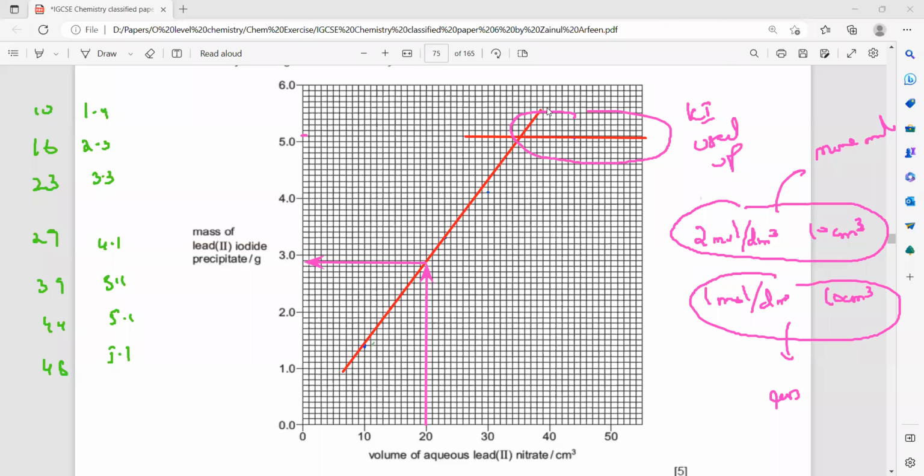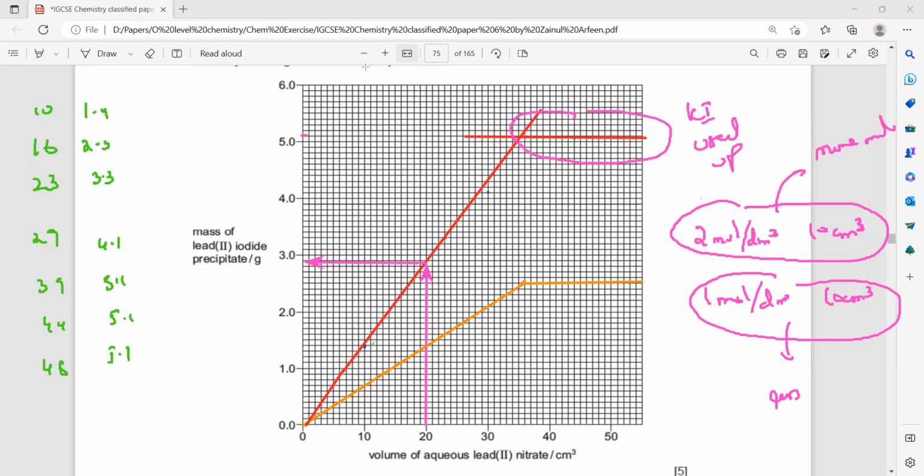Your new graph, where the maximum is 5.1, will now be 2.55. 1, 2, 3, 4, 5. So this is 2.6, so 2.55 will be somewhere here. A similar graph will be there, the shape will be the same, but the amount of precipitate will be half.